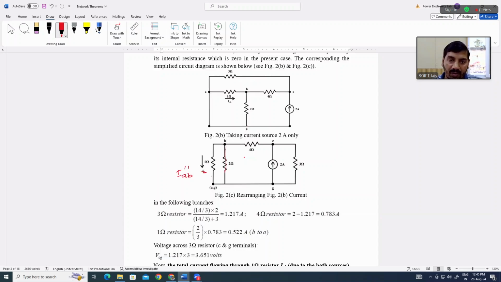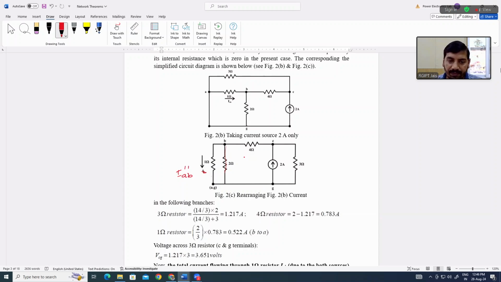These two are in parallel. This is in series with that parallel combination, and this will also be in parallel. The current flowing in the 3 ohm resistor will be 14 by 3 into 3 divided by 14 by 3 plus 3.